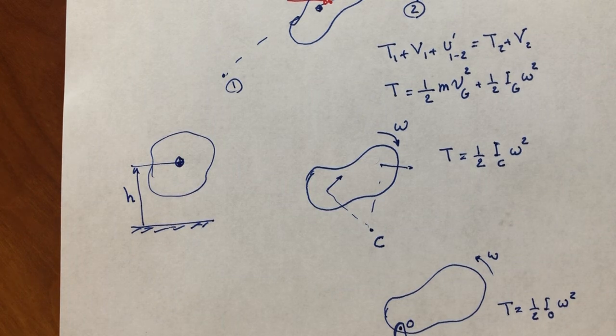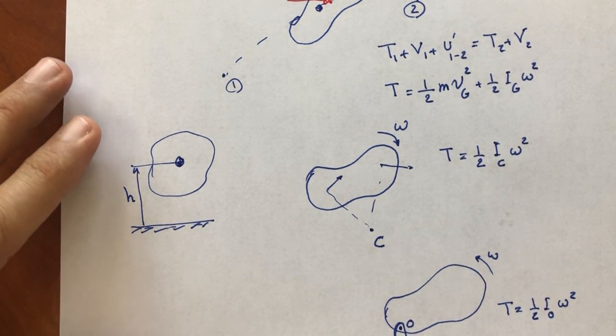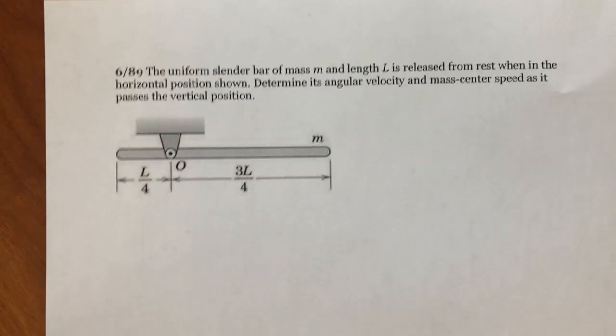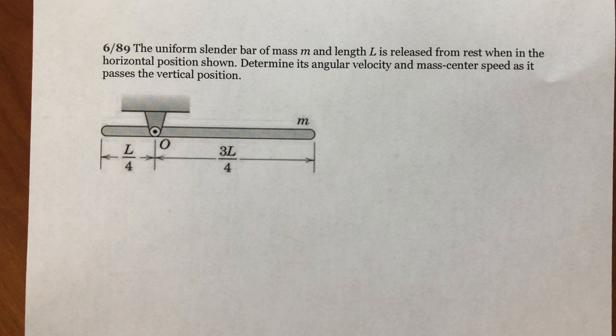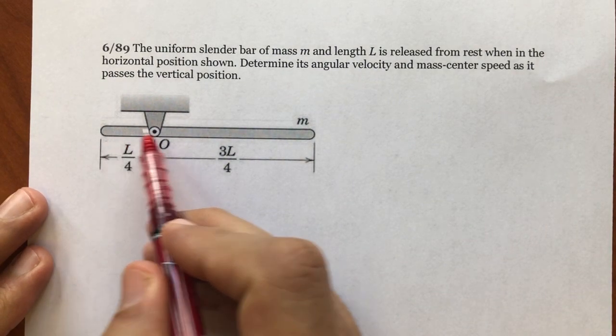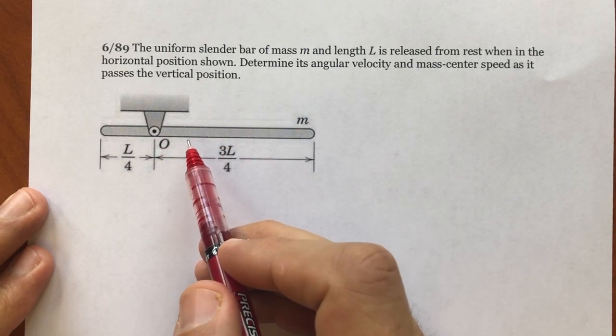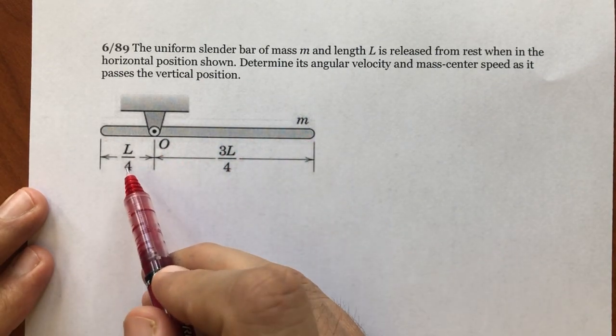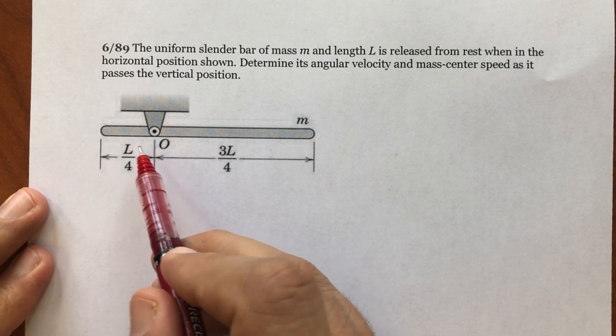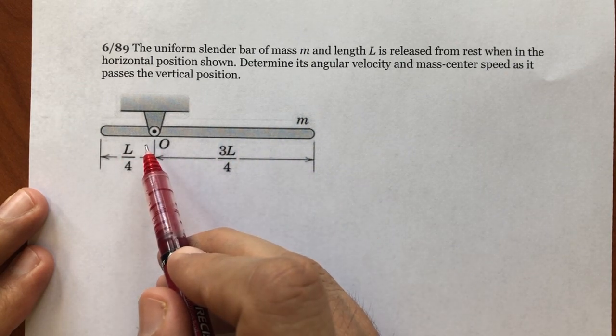So to show you in practice how these equations are useful, I'm going to do a few examples. This one is problem 89, chapter 6. We have this bar, which is stationary at this orientation. The mass is m, the total length is l, and we are releasing it from this condition.